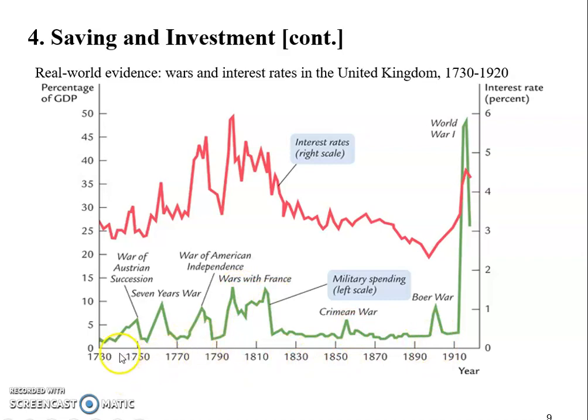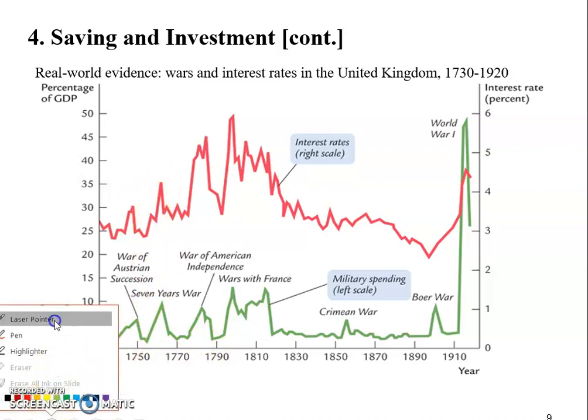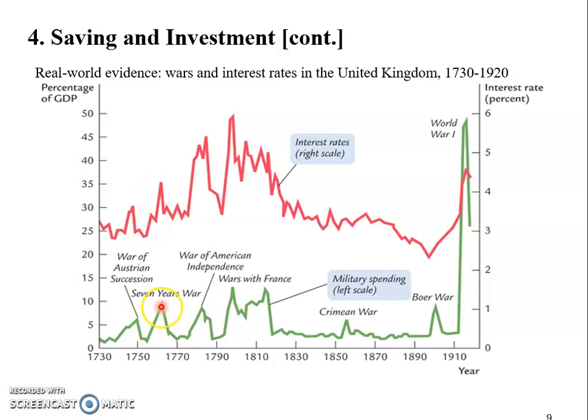During the same time, we find that the interest rate spikes as well. So that tells us that government spending, in this case specifically military spending, and the interest rate have a very positive correlation.